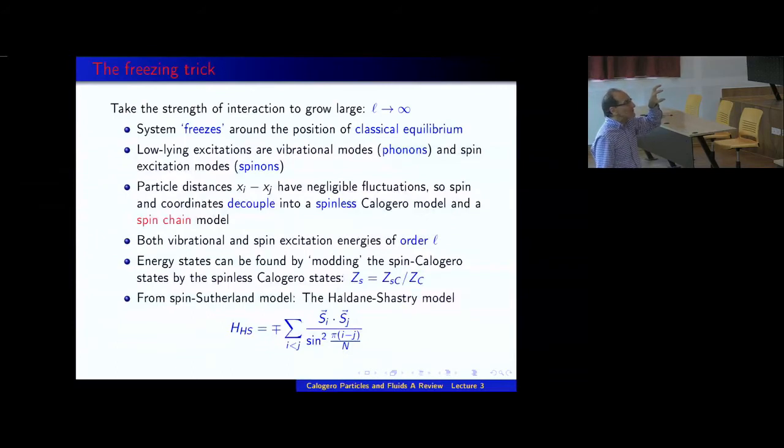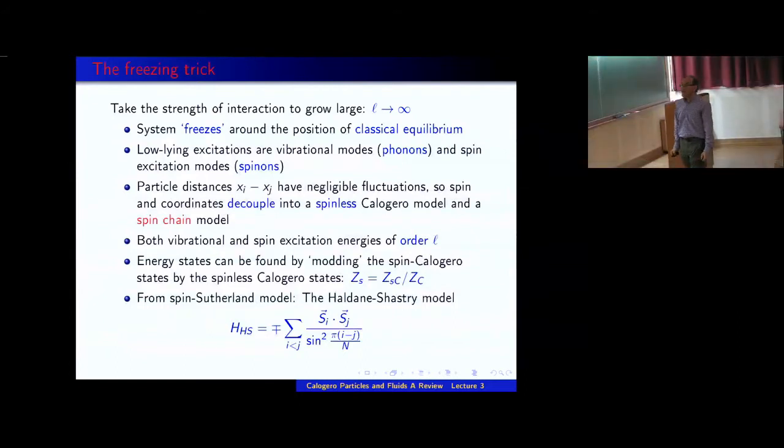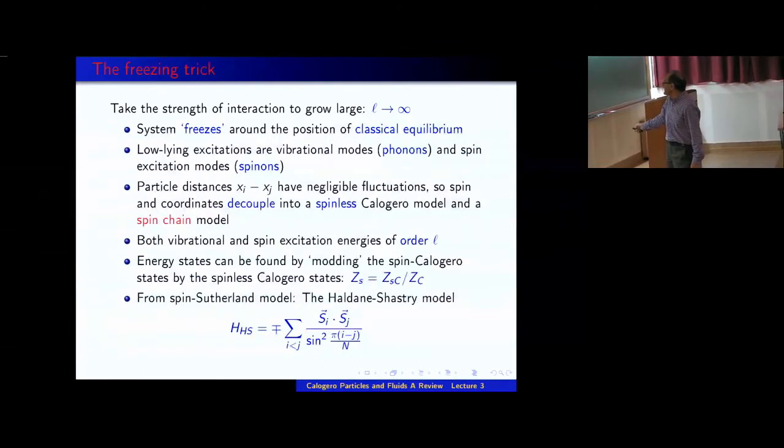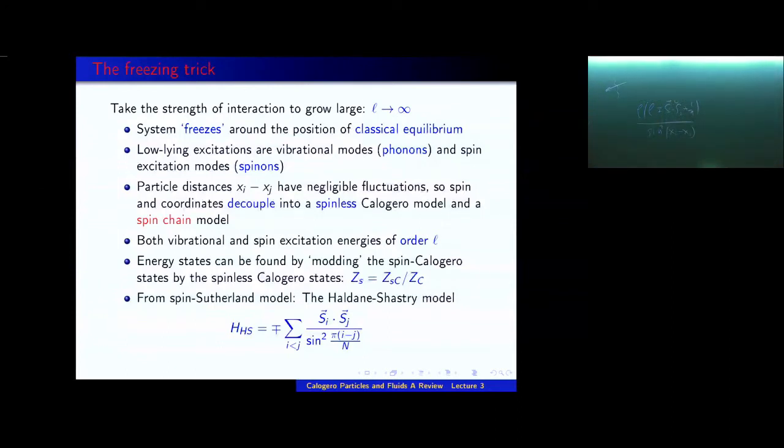It's obvious that it will be when the particles are equidistant on the circle, they form a regular lattice. So, that problem with the vibrations around the lattice is the Sutherland model, and the spins at those lattice points, interacting through inverse square interactions with the lattice chord distance, is the spin model. And the spectrum of that spin model can be deduced from the spectrum of the full model by moding out, if you wish.